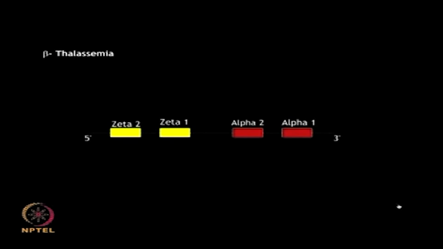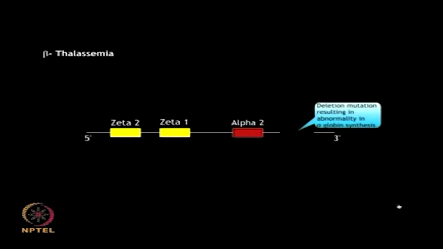The resulting mRNA contains a stop codon further upstream and leads to premature translation termination, thereby producing an aberrant protein. Deficiencies in alpha globin synthesis, due to inactivation of one or all of the 4 alpha globin genes, result in alpha thalassemia.